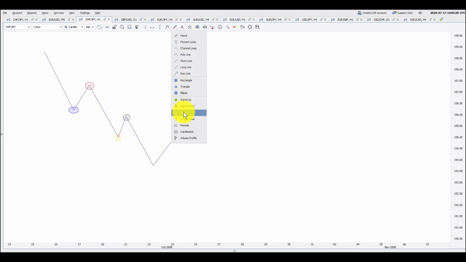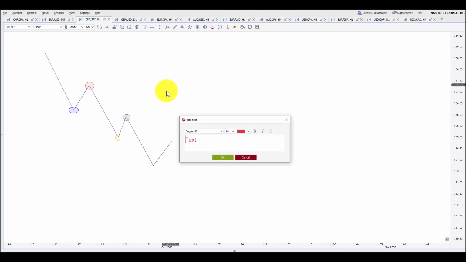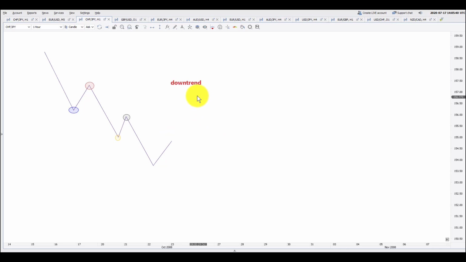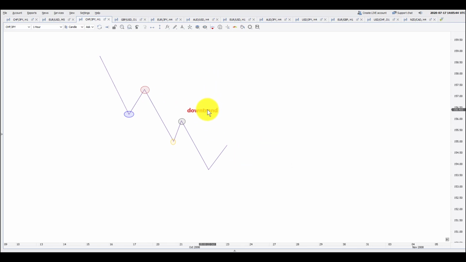We want to show you that there is a continuation of the trend, and during that continuation this pattern emerges somewhere in between, and we will show you how this happens. Okay, this is a downtrend, these are highs and these are lows.